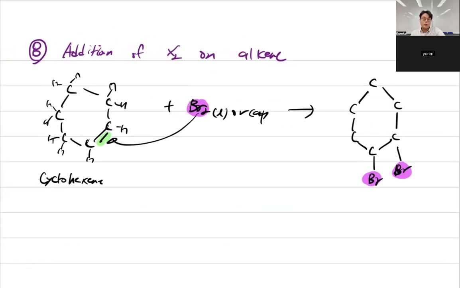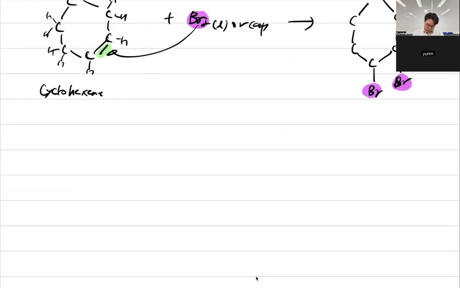Then how do we know this will be produced? You can see it from the bromine water experiment, and I can provide you data here. If you haven't done a bromine water experiment in school, you probably can see they show you some decolorization.